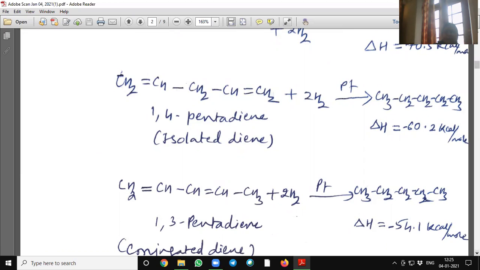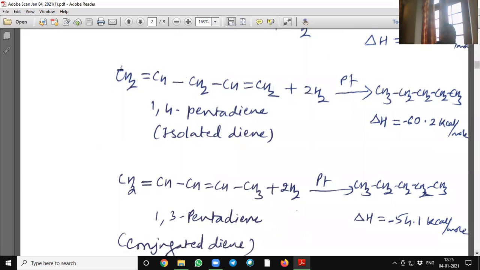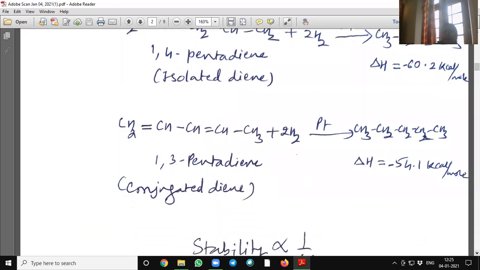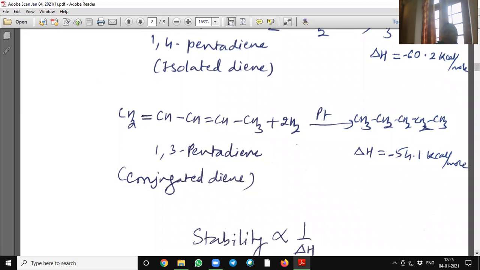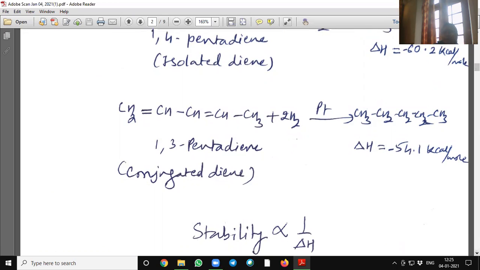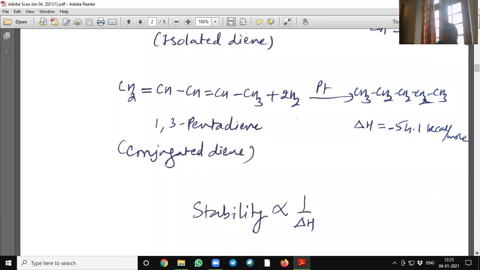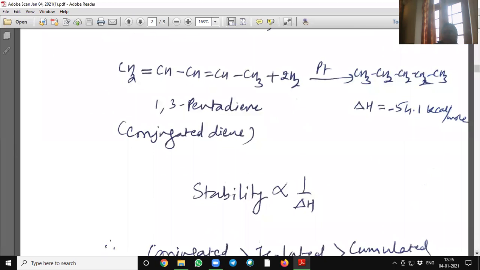1,3-pentadiene, that is a conjugated diene, on hydrogenation in presence of platinum will form normal pentane, and delta H value will be minus 54.1 kilocalorie per mole. We know that the stability of the molecule is inversely proportional to delta H value.